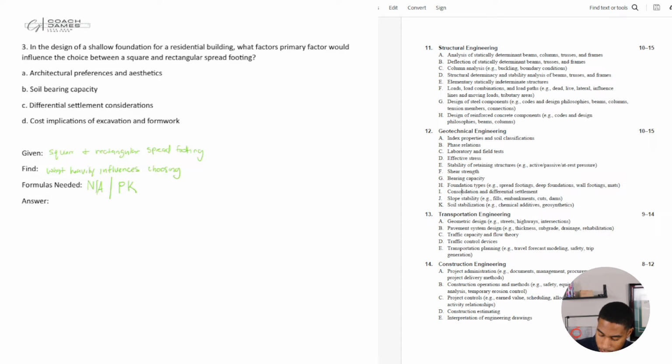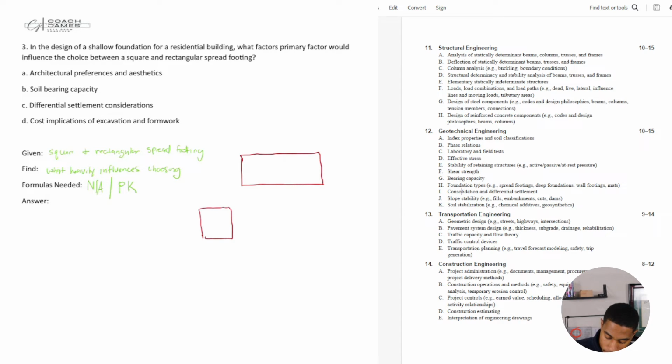If we think about this, I'm just going to draw a square footing, and then a rectangular footing. And we'll say this is a top view, right?